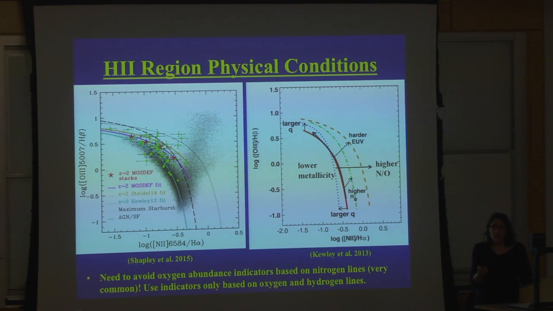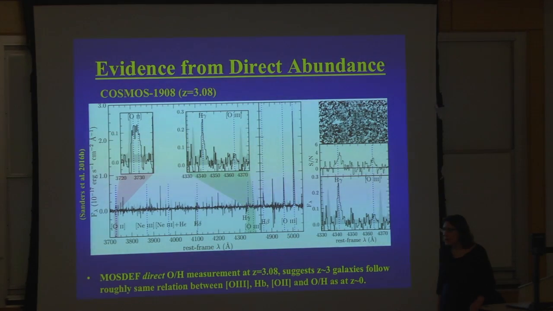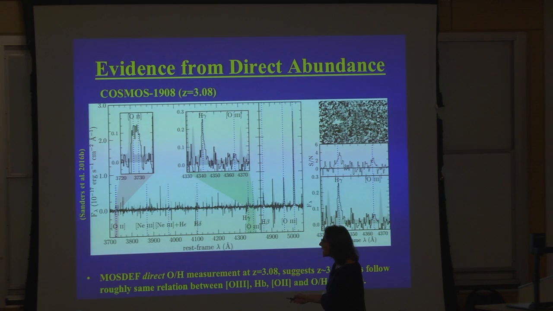In the local universe, there are attempts to calibrate the strong emission lines to directly measured oxygen abundances. And it's very hard to do that at high redshift. But it turns out it's not impossible. So one of the things that was super exciting in the MOSDEF project is that we actually, just barely, at a level of 4 sigma, detected that weak 4363 oxygen line here.